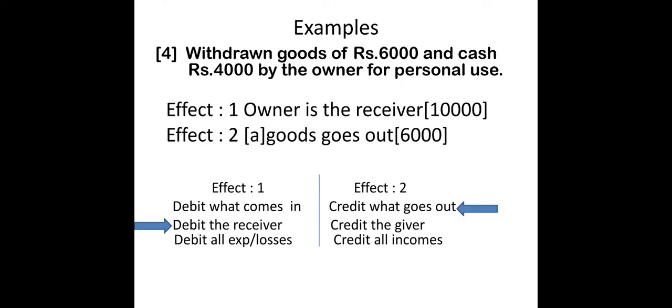Okay, and at the same time we can also write cash goes out, and total of both of them becomes 10,000. Okay, students, so sometimes it is quite possible that we have to write more than one sentence, either in effect number 1 or in effect number 2. You have to learn it, student.